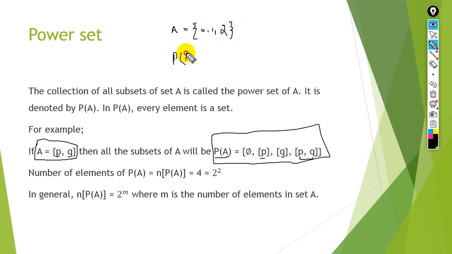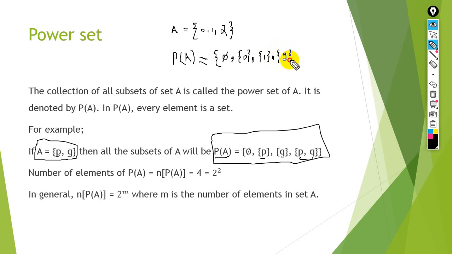The power set P(A) will include the null set or empty set, since the null set is a subset of every set. Second, we take {0}, a separate set for 0, a separate set for 1, and a separate set for 2. So for 2 I will take a separate set.